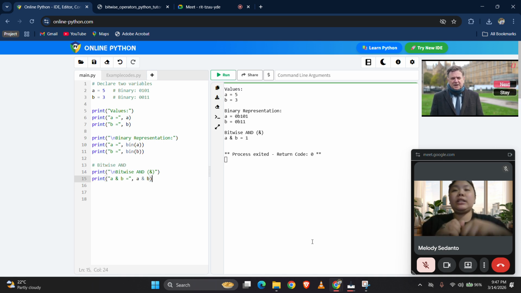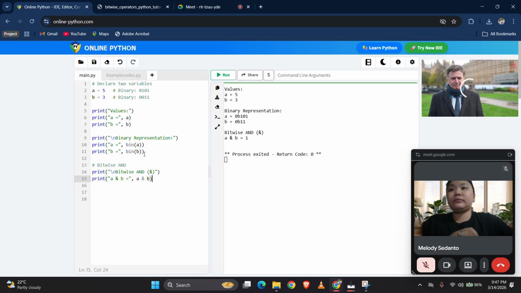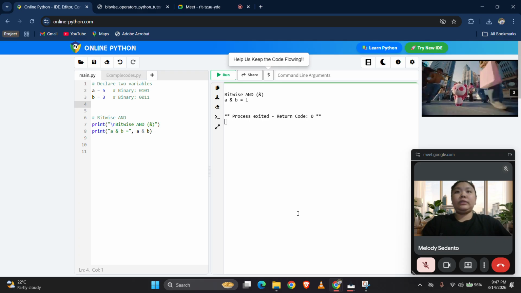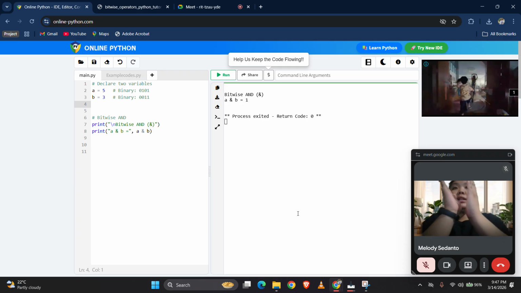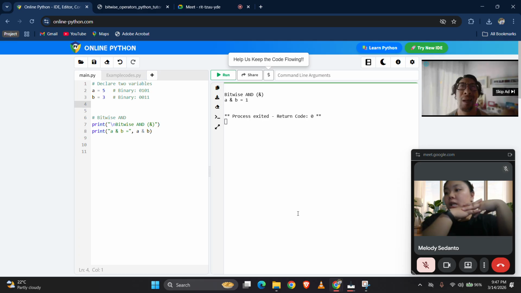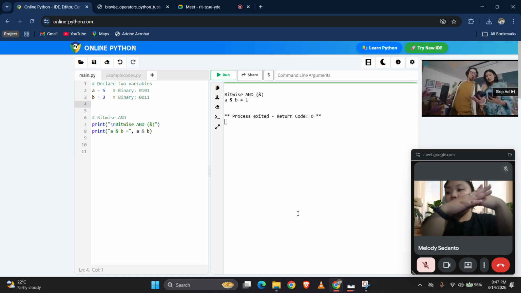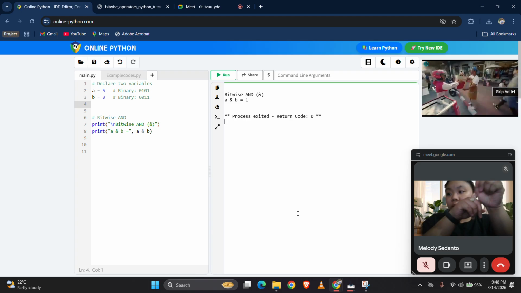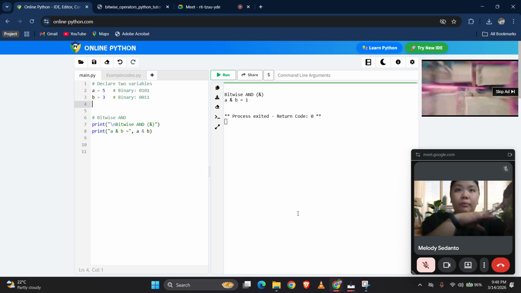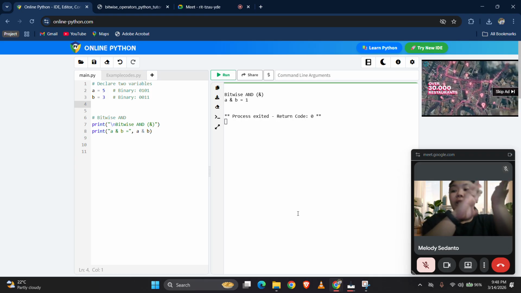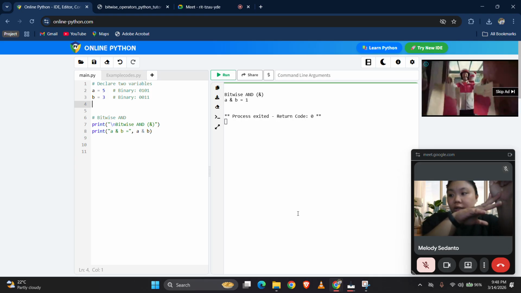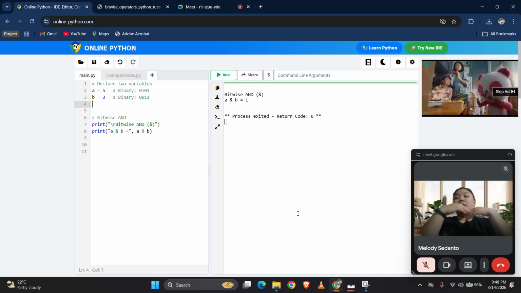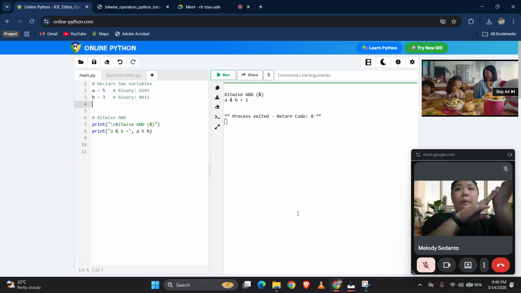So the bitwise AND of A and B equals 1. It compares the two numbers and returns 1 only if both bits are 1. So when we apply the AND operator to the numbers 5 and 3, the result is 1. This happened because only one pair of bits matches as 1 in both numbers.